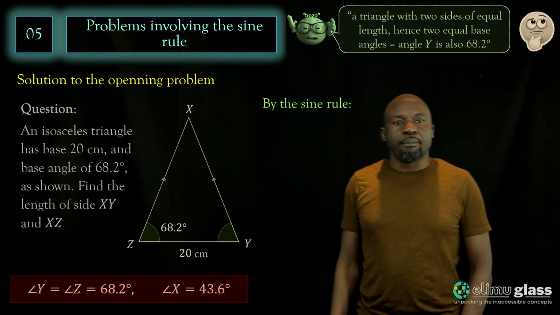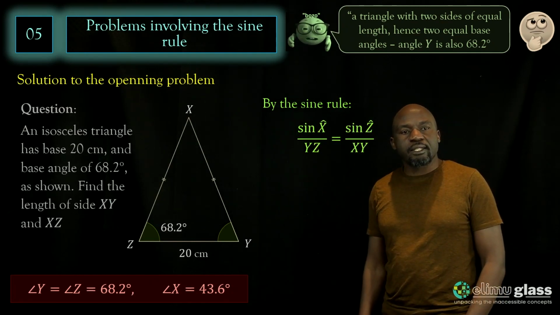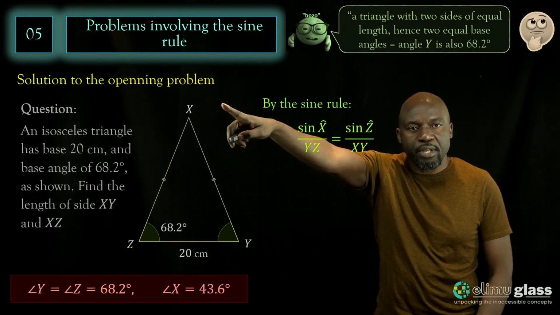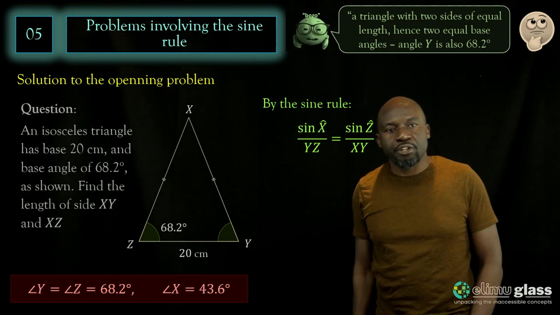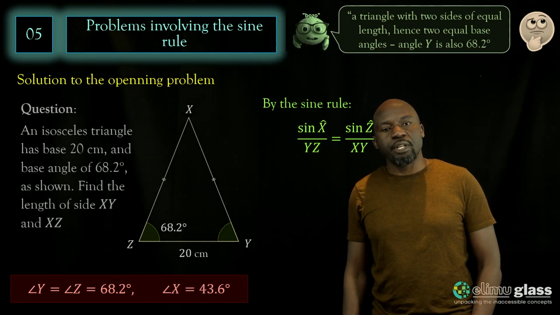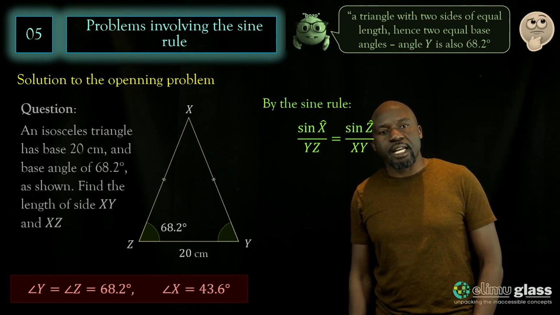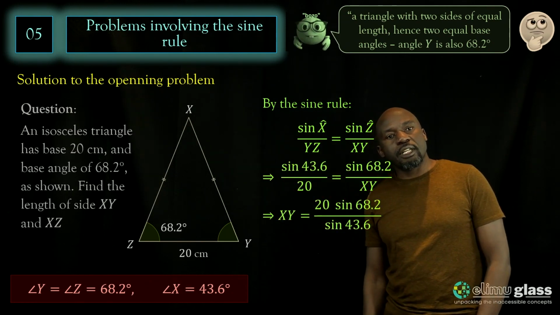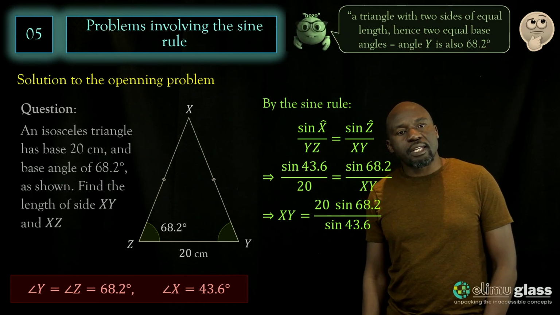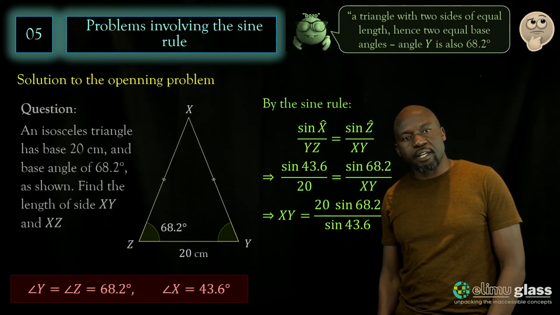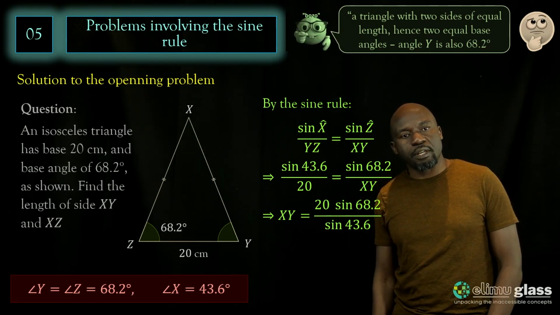So by sine rule, we can say sine of x, the angle x up there, over yz, which is 20, must be equal to sine of z, which is 68.2, divided by the side xy. If we substitute in, there we go. And so the side xy is 20 sine 68.2 over sine 43.6.